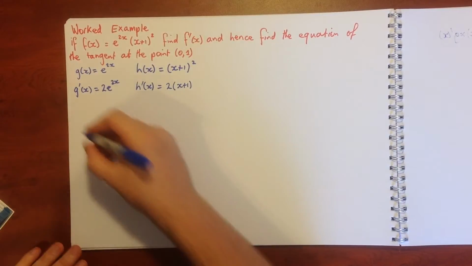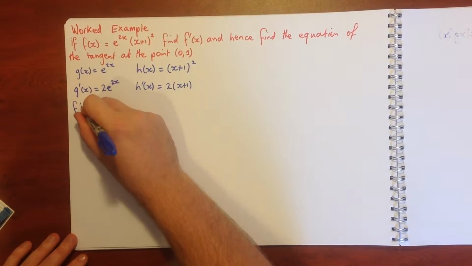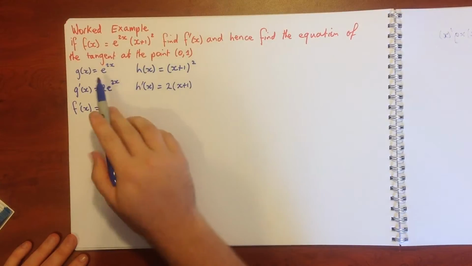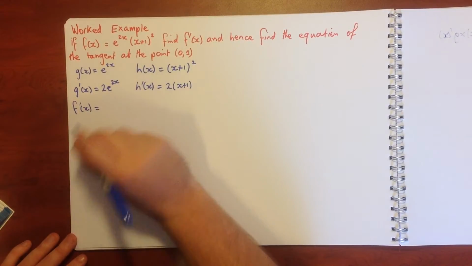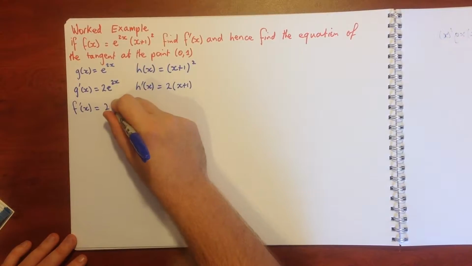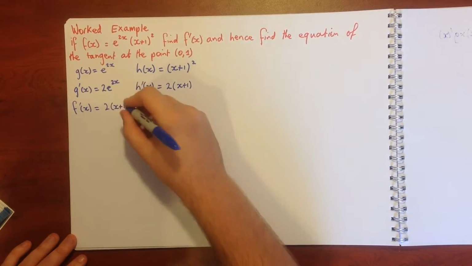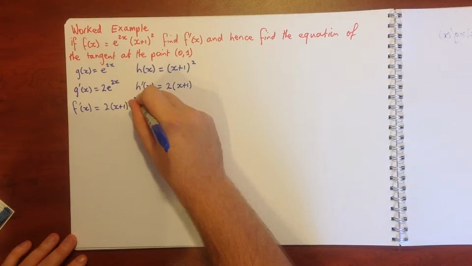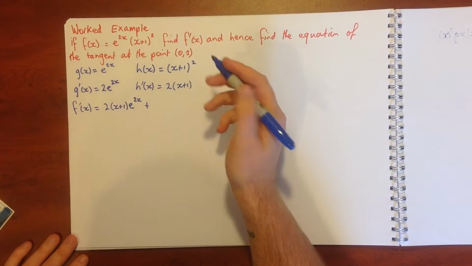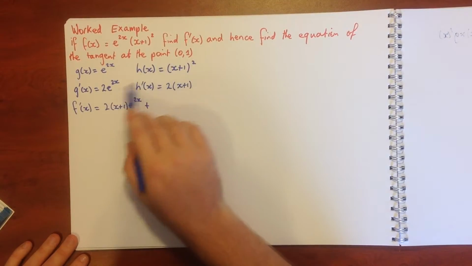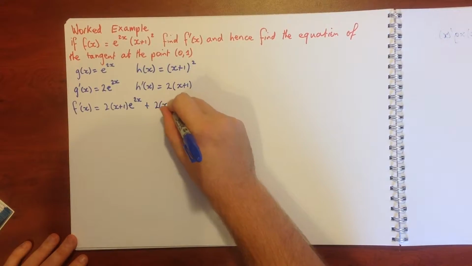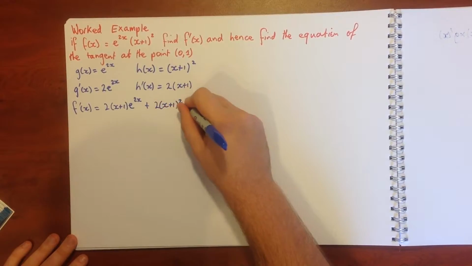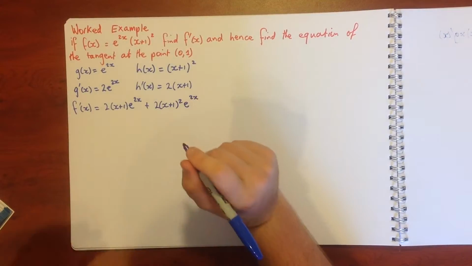Now we can bring everything together and say f'(x) is g(x) times h'(x). I'm actually going to write it the other way around though and say 2(x plus 1) e to the 2x, plus we go the other way now, and we've got (x plus 1) squared times 2e to the 2x.